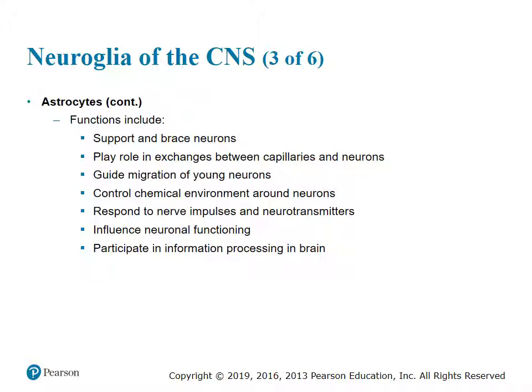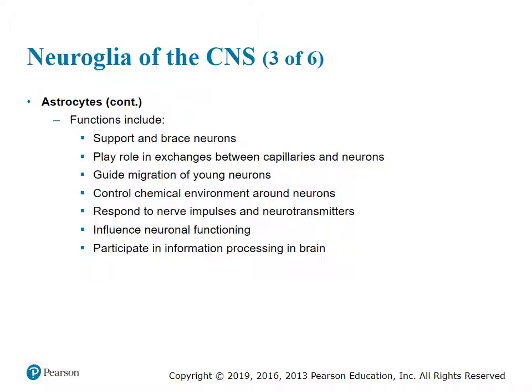And they play exchanges between capillaries and neurons, right? Blood vessel exchange. Because the blood vessels are capillaries, and so they're going to drop off nutrients and oxygen, and the astrocytes are going to kind of carry that through themselves to the neurons. And the neurons will create waste too, and that waste will be carried out through the astrocytes.